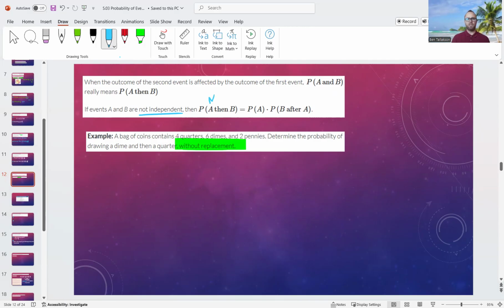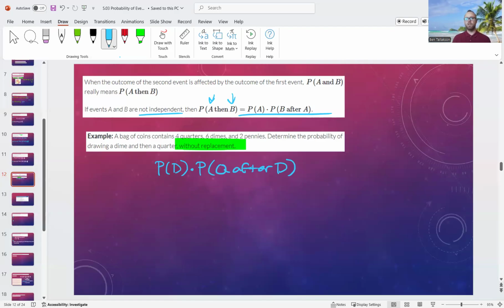So that would be drawing a dime, then a quarter. Event A, then event B is equal to this. So the probability of doing what first? Drawing a dime times the probability of drawing a quarter then after we drew a dime, right?